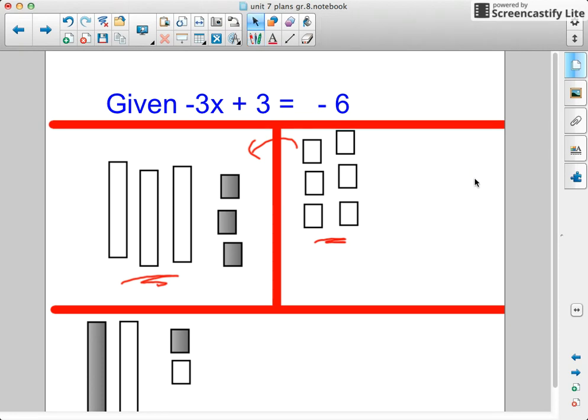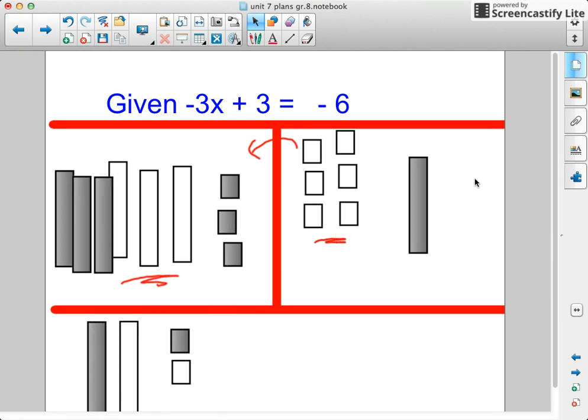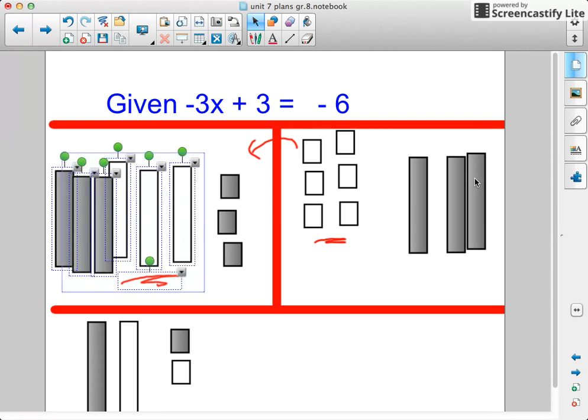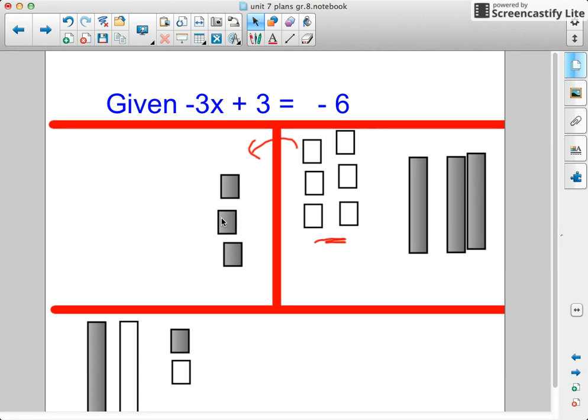So in order to do that, I need to make 0 pairs of variables on this side, but I have to do the same on the other side. So I'm going to add 3 x's on both sides. Okay, so what that does is that actually going to cancel out all these. So those are gone. All right, now I'm going to get these negative 6, bring them over to this side. So in order to cancel out negative 6, I'm going to put positive 6.